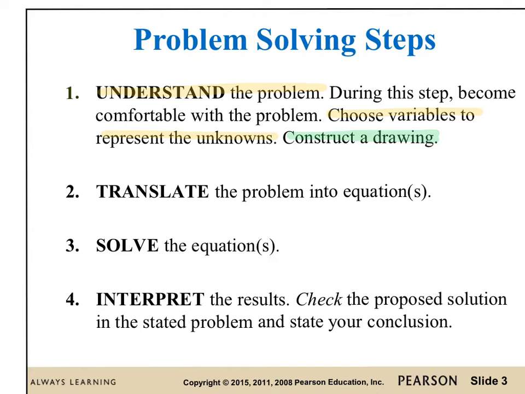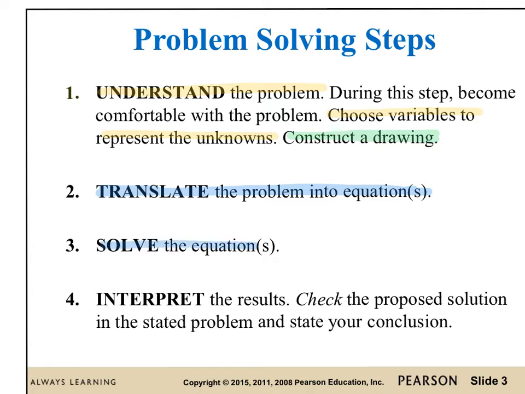The second step is translate into equations, because you can't get an answer to a word problem until you get it turned into an equation. This will probably take the longest for you to do, to actually translate the problem into an equation. And then once you get that equation, you solve it.